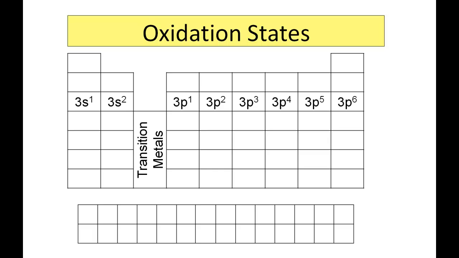For example, in the third group down, we have 3s1, then 3s2, and then if you skip the transition metals, you have 3p1 and 3p2, and so forth.